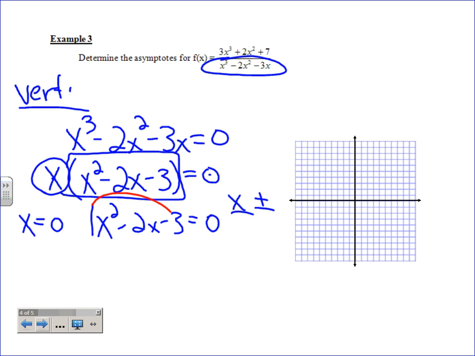So multiply to be negative 3, add to be negative 2. Is there a guarantee that those 2 numbers exist? Is there a guarantee that 2 numbers exist that'll make that happen? Well, there is, but they might not be nice. All right? So we only want the nice ones, really. How about multiply to be negative 3, add to be negative 2? Negative 3 and positive 1.